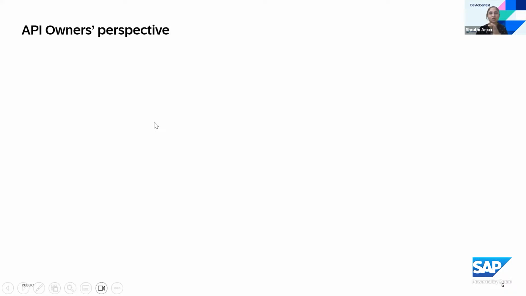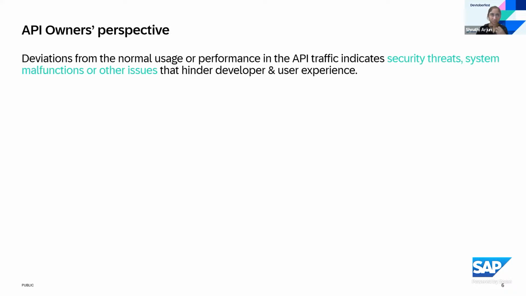Now, all of this is good as insights which are seen and then actions could be taken. However, we wanted to also innovate in this space a little bit more by making use of the hottest trend, which is AI and ML. And so we looked at this problem a little bit more deeply, right? So what else would API owners need? API owners are concerned whenever they see this deviation from normal usage and performance.